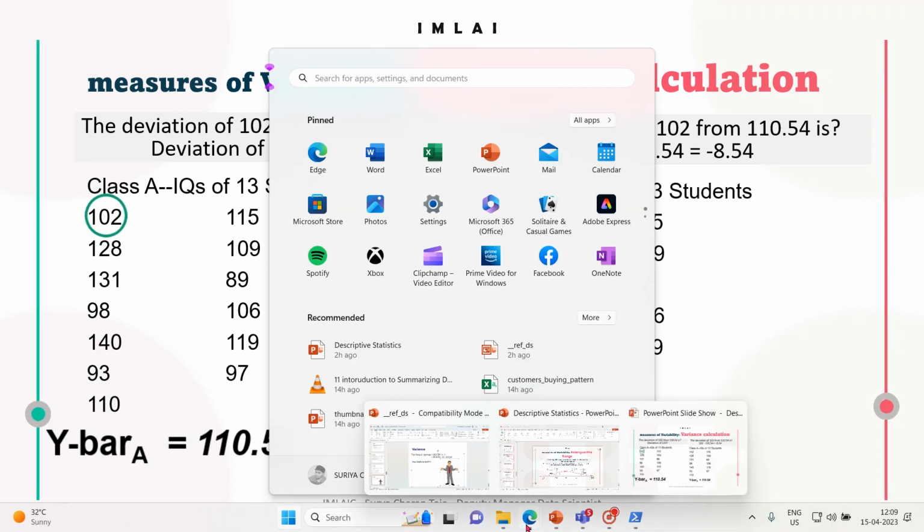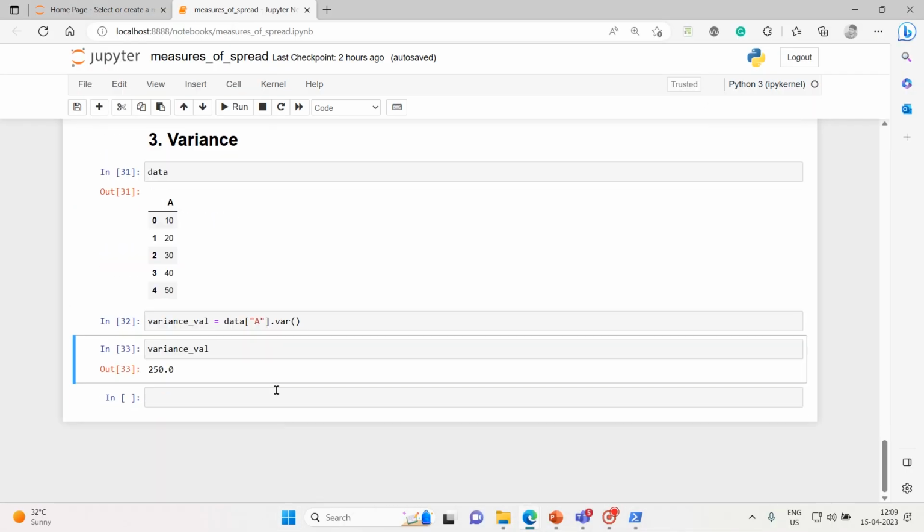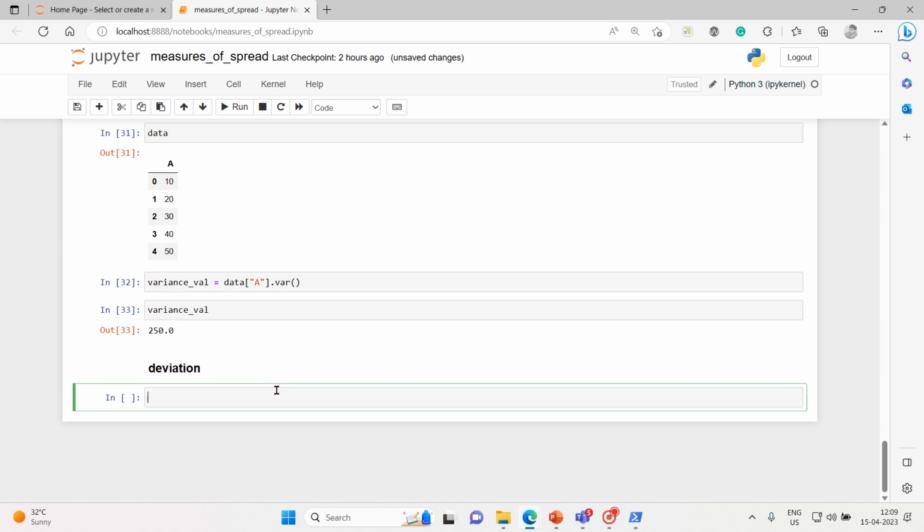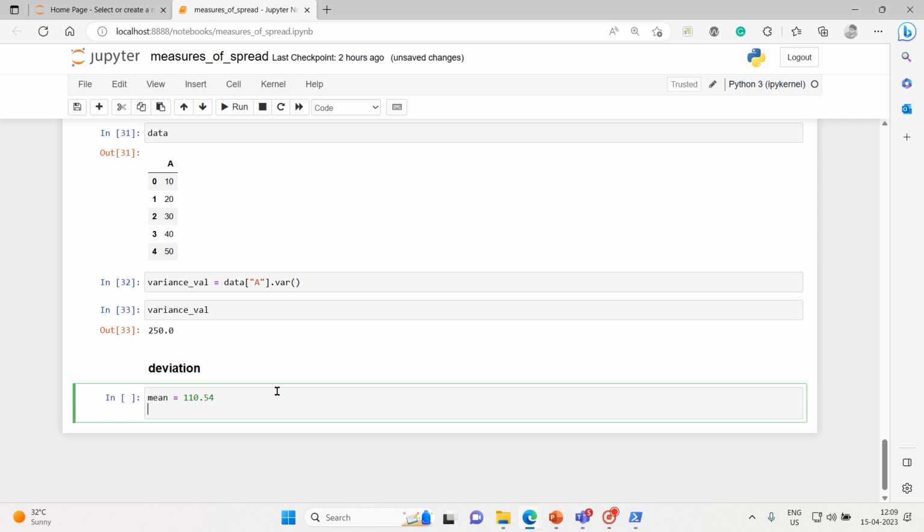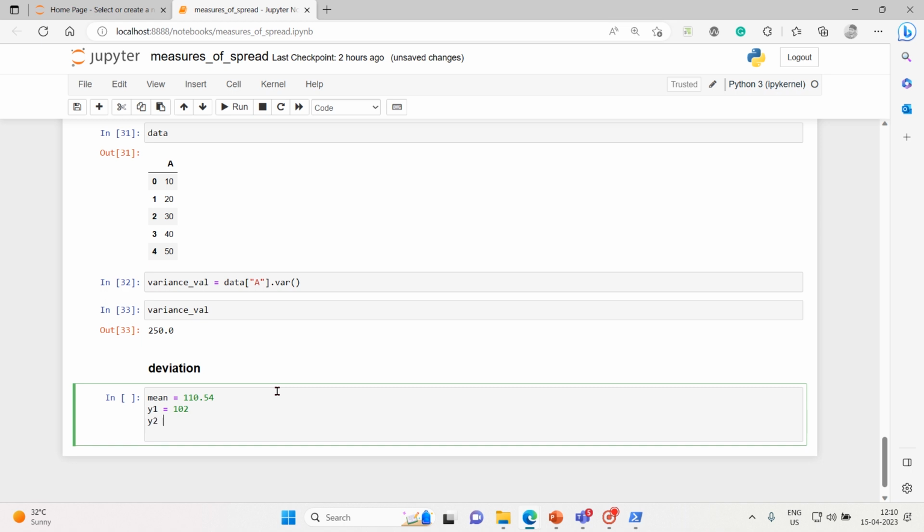Let me put it in here. So let's calculate the deviation. We got the mean equal to 110.54, and we got two individual values: y1 is equal to 102, and y2 is equal to 115.